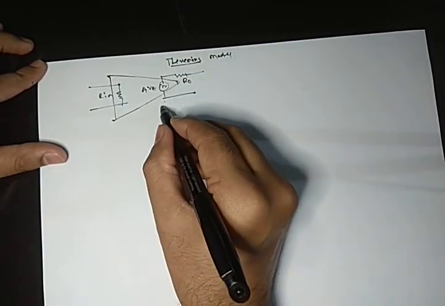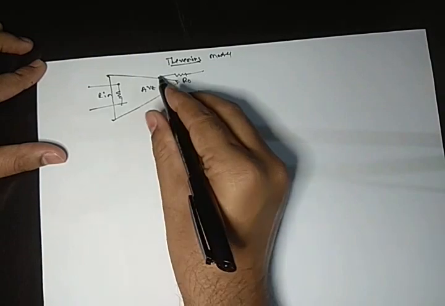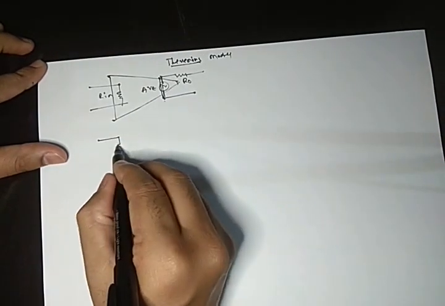Now taking Thevenin's, what we will do, we will short the voltage part. Now how we can write?